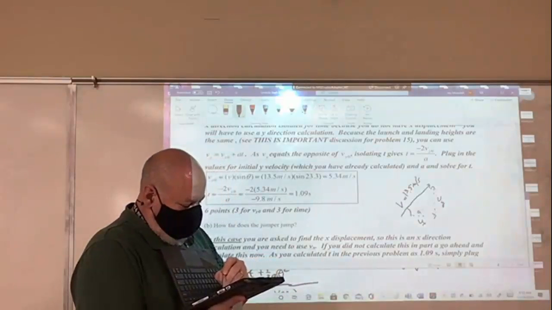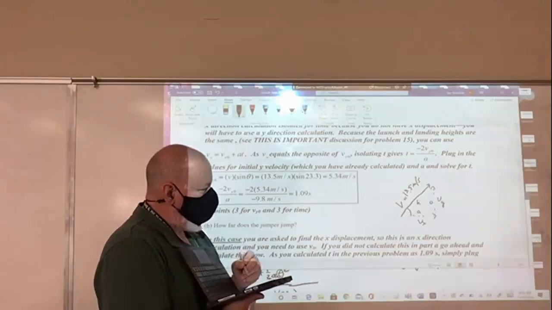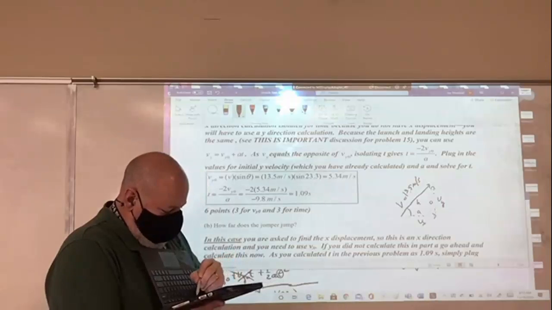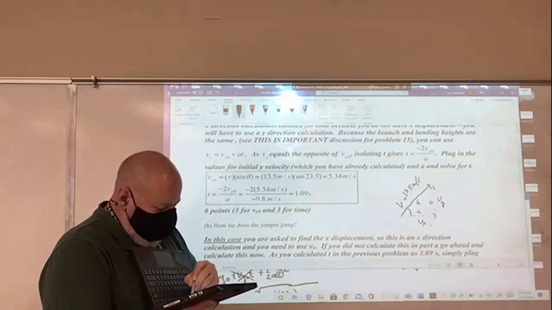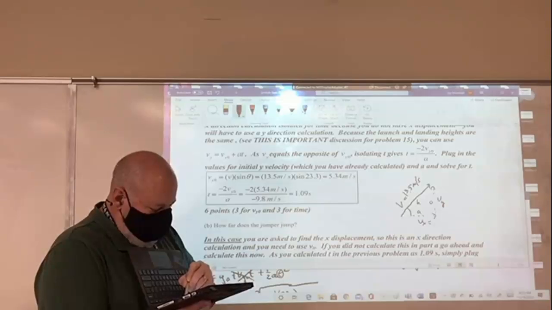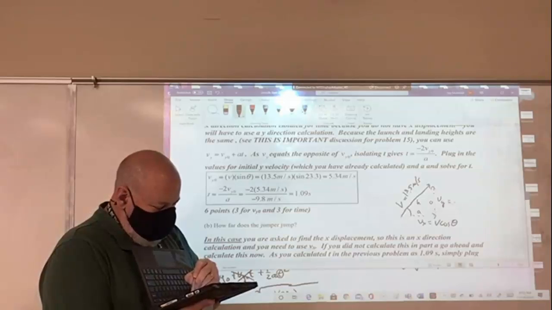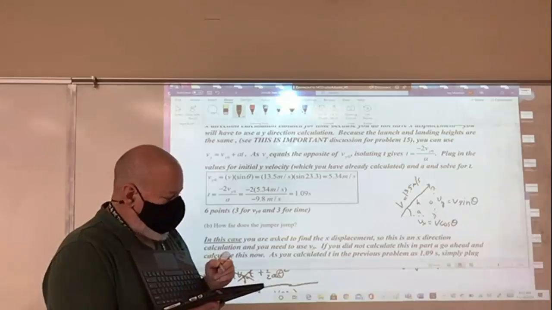This is the adjacent side, this is the opposite side, this is the hypotenuse. And if you don't know by now that Vx, my velocity in the x direction, is going to be V cosine of theta, and my velocity in the y direction is going to be V sine of theta, that's okay.